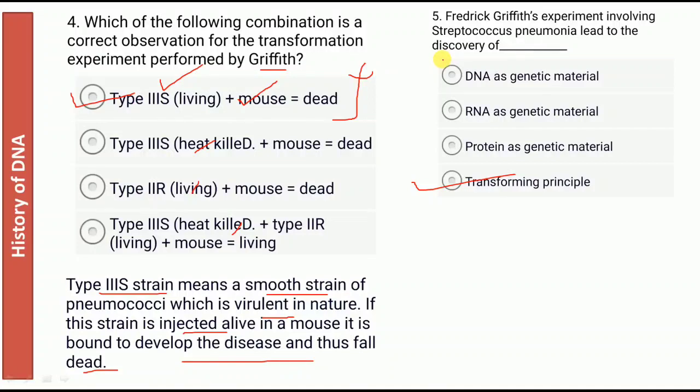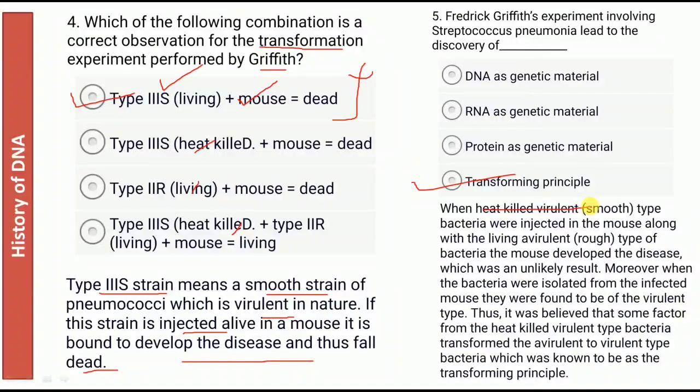You can see previously also we are going through the same questions time and again, and all the previous questions are interlinked. So it is the transforming principle. Here you will get a brief and clear discussion about this. All the previous ones will also be discussed.